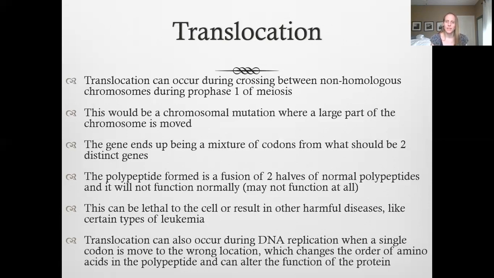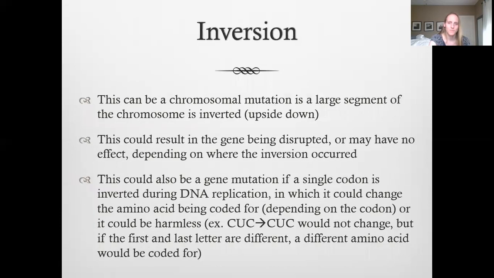Again, if a big chunk of the crossing over goes wrong and something ends up in the wrong spot, it's a chromosomal mutation. If a smaller chunk gets moved to the wrong spot, it is gene. Translocation can also happen during DNA replication, but that's much less common.